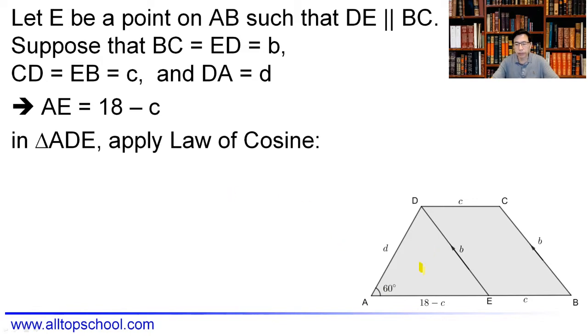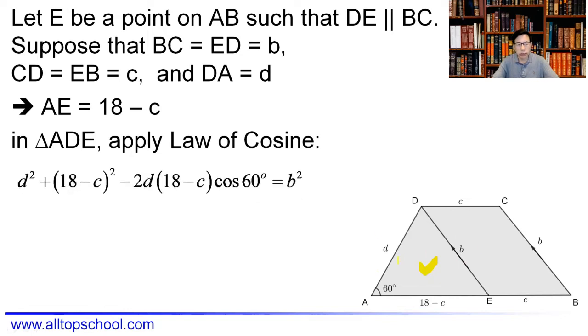We get D squared plus (18 minus C) squared minus 2 times D times (18 minus C) times cosine 60 degrees equals B squared. This is the standard law of cosines.